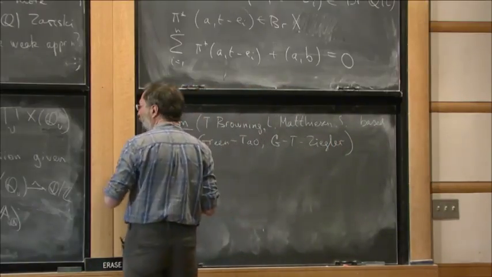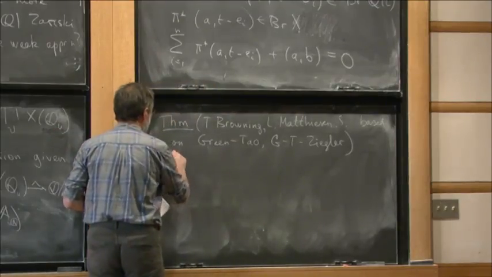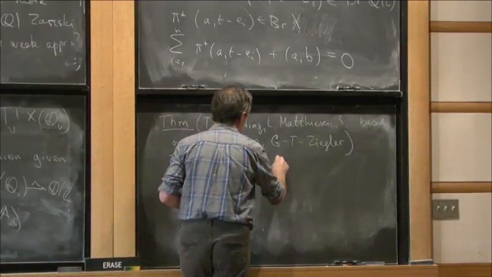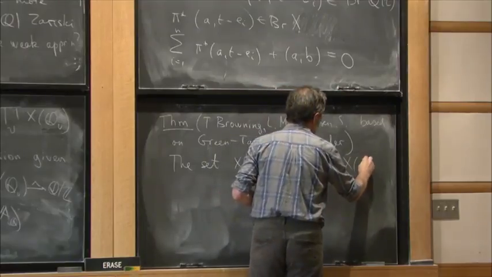That says, in this notation, the set of rational points is dense in the Brauer-Manin set.